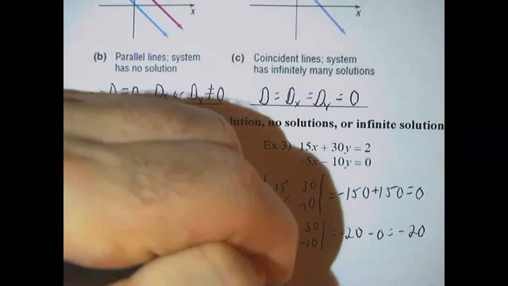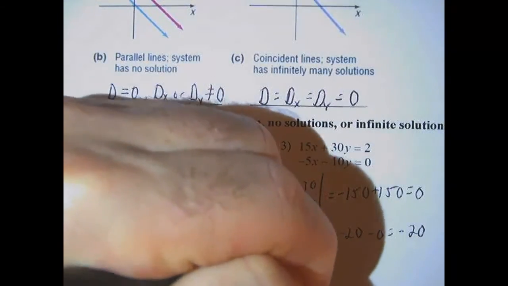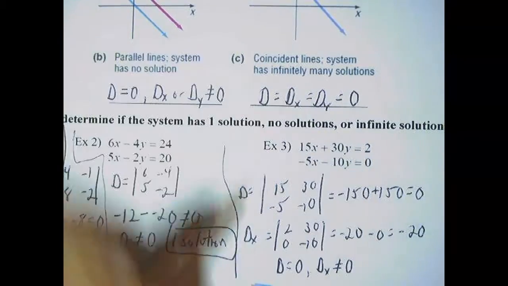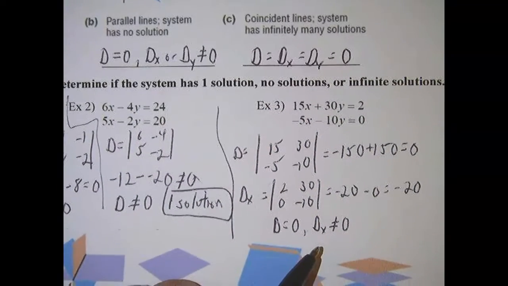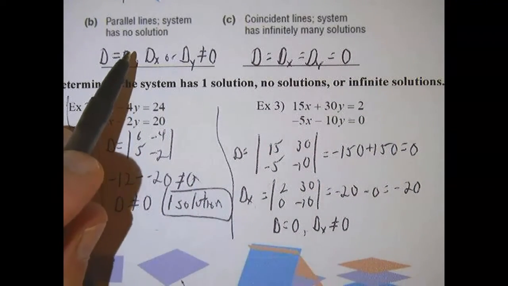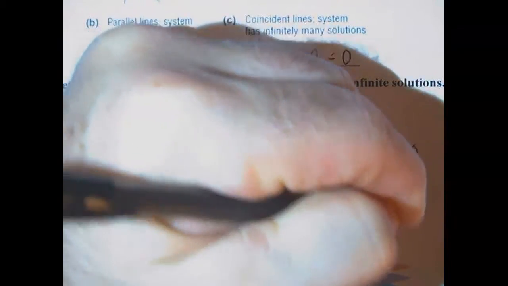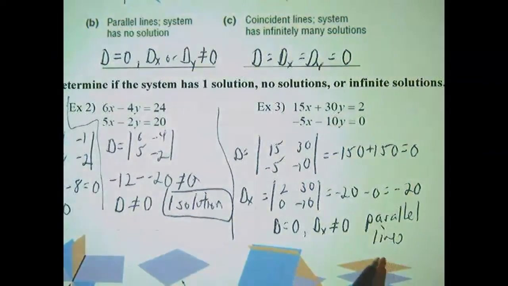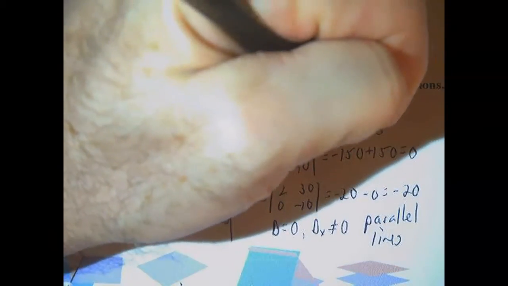So we have D equals 0, Dx is not 0, so this is a case of parallel lines. So we would say no solutions would be how we answer that. So no solutions.